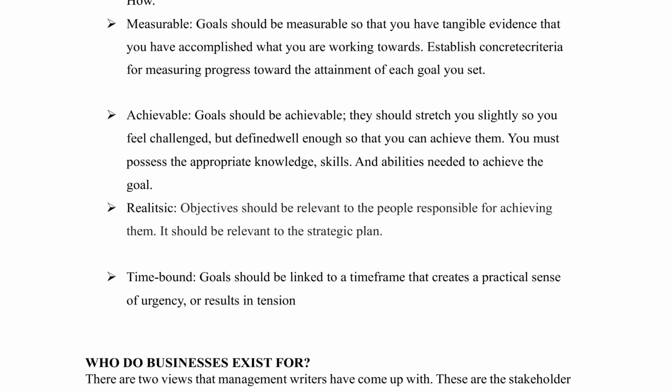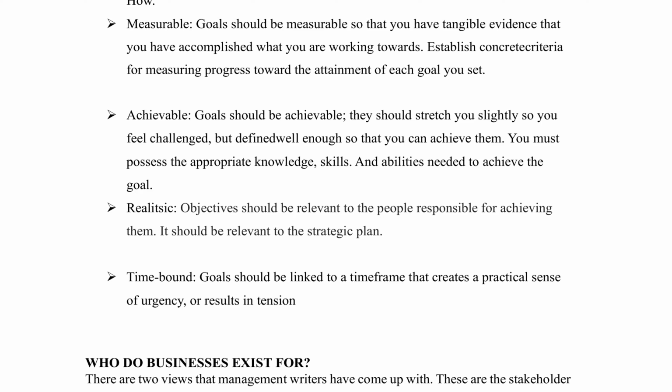So now, a stakeholder is any person or any entity that is affected by the operations of the organization. Anyone who is interested, anyone who is affected, either positively or negatively, as long as they are affected in some way by the operations of that particular organization, then they are the stakeholders of that organization.